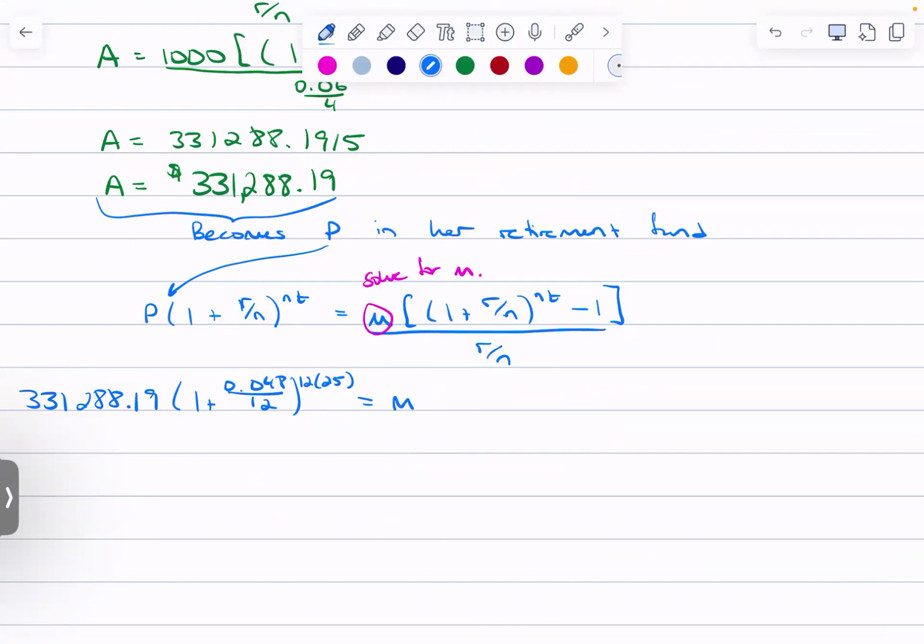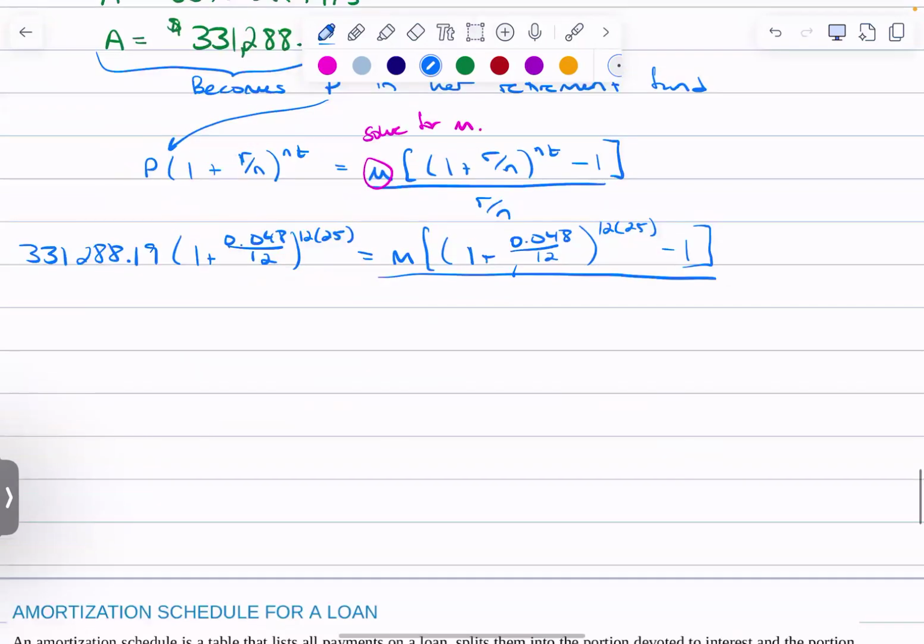And solve for M. One plus 0.048 divided by 12, to the 12 times 25, minus 1, over 0.048 over 12.